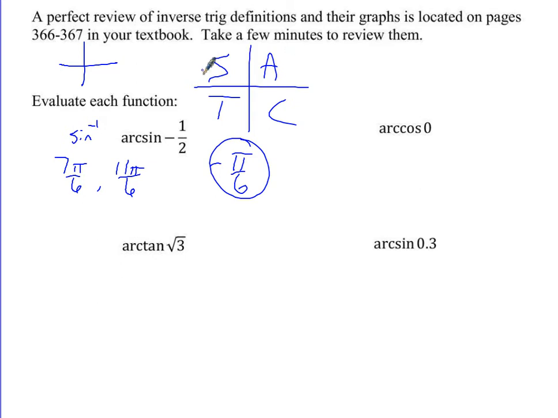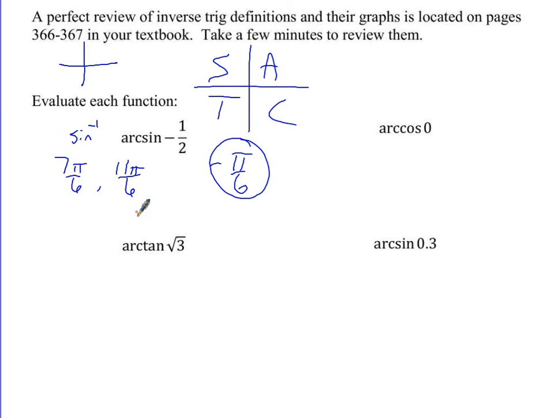This quadrant is sine, but that also corresponds to what other trig function is related to sine? Cosecant. So cosecant is also positive here. Tangent here, but also cotangent, and this one is cosine and secant.